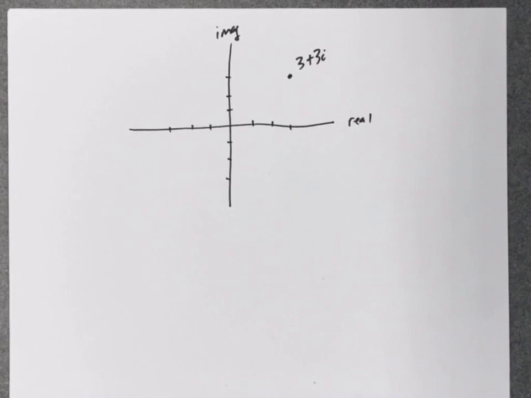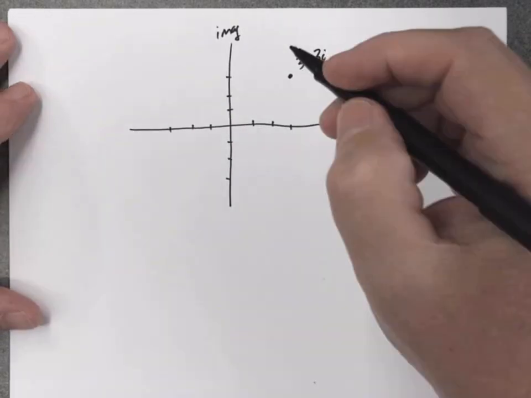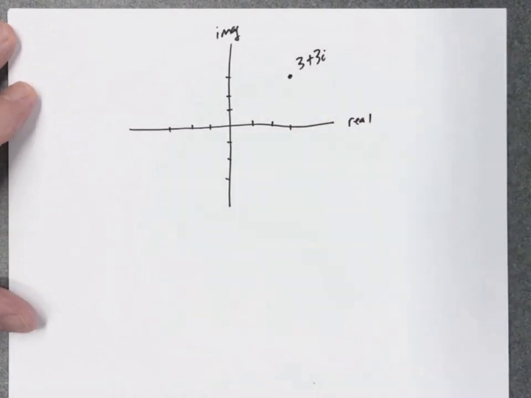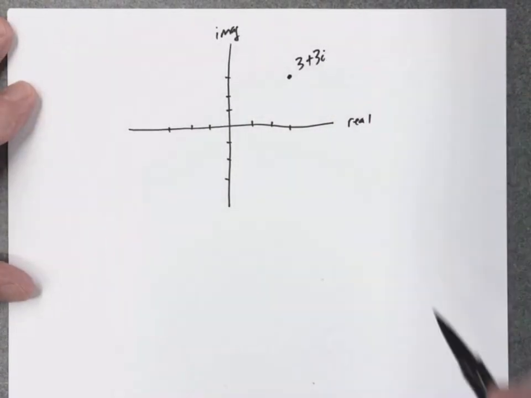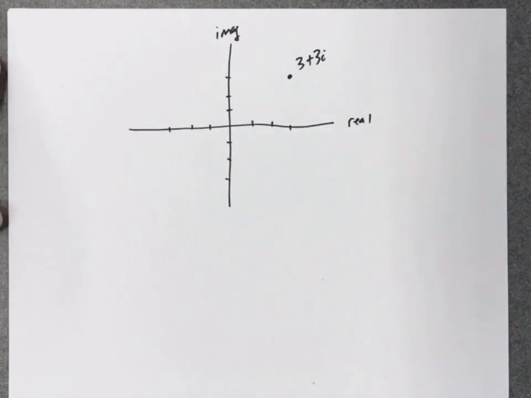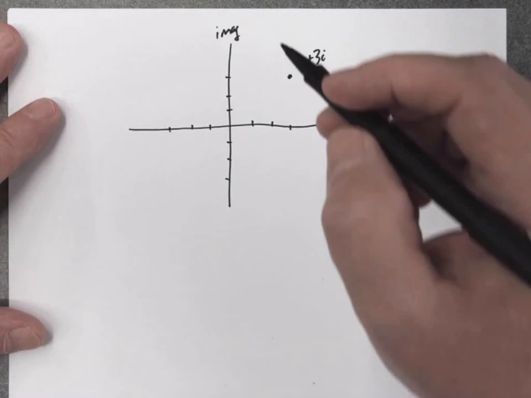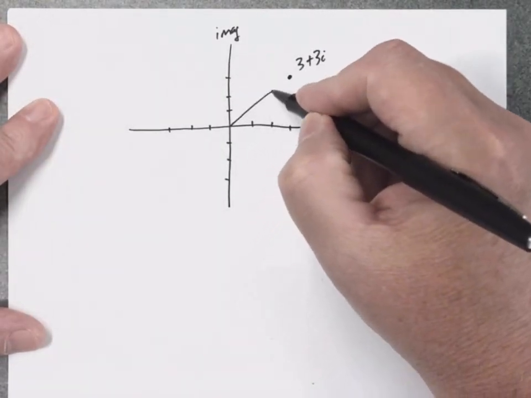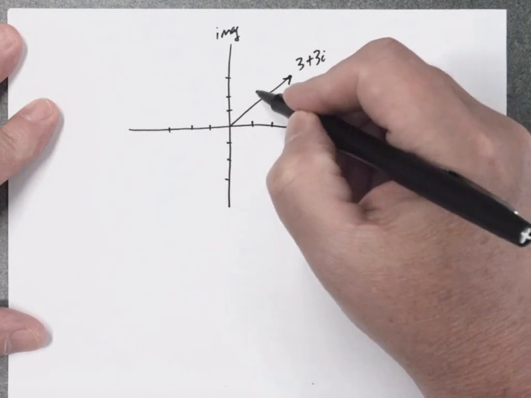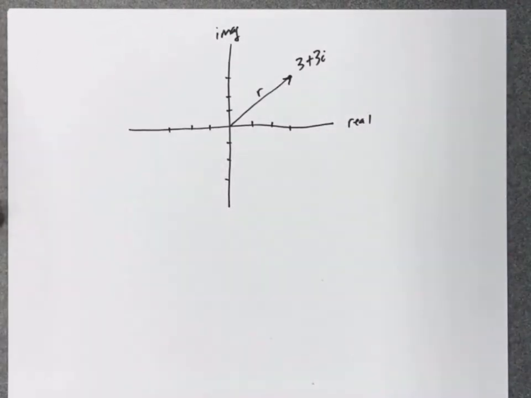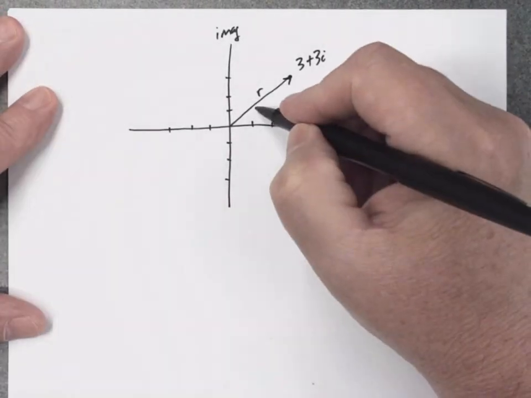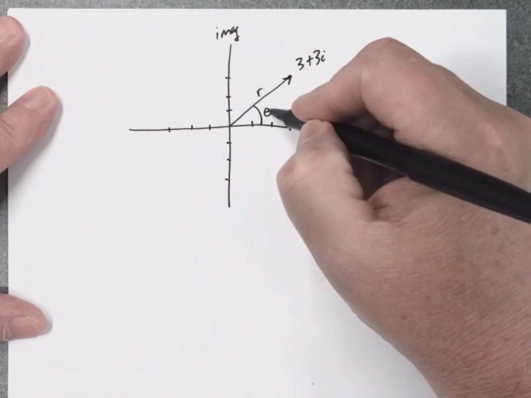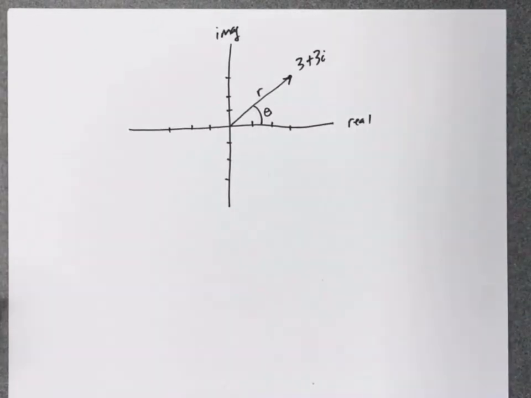Now what if we wanted to take this point, and instead of naming it 3 plus 3i, what if we want to rename it as a polar coordinate? Now you remember, polar coordinate says the distance to that point would be r, and the angle would be theta.